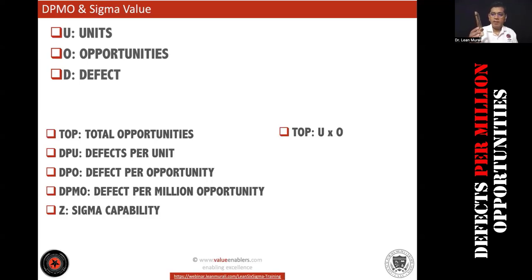Just for simplicity, length, width, and depth, LWD. Length can go wrong, width can go wrong, and depth can go wrong.